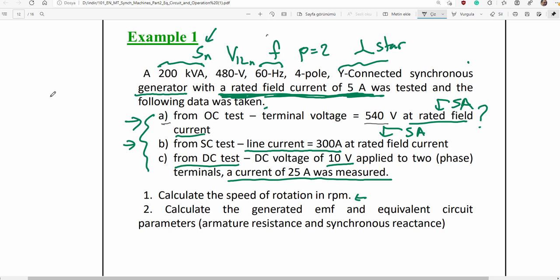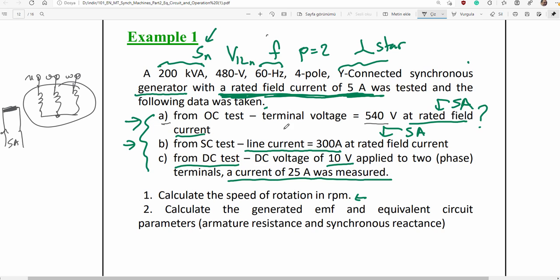Machine is connected star. Here are windings inside the stator. It is connected star, and here are three-phase terminals. We defined U, V, W, and then here is excitation current. Here's a field point. You have applied 5 amps.